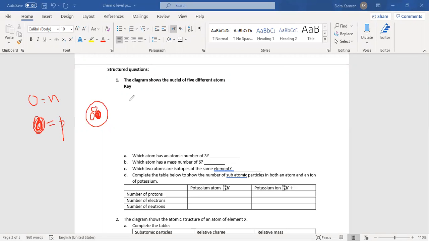Second nucleus, one proton and one neutron and two protons. Third one, three neutrons and three protons.